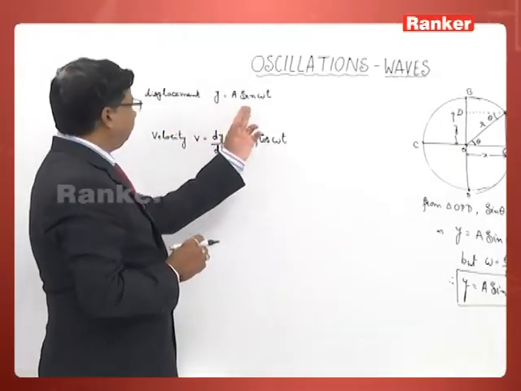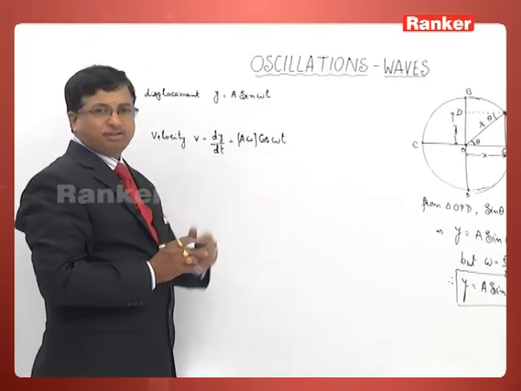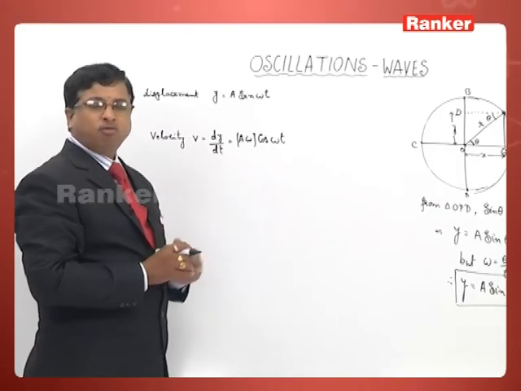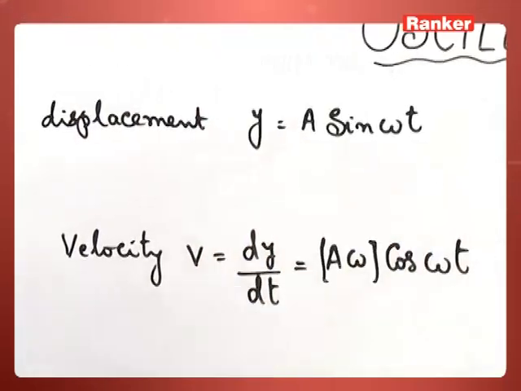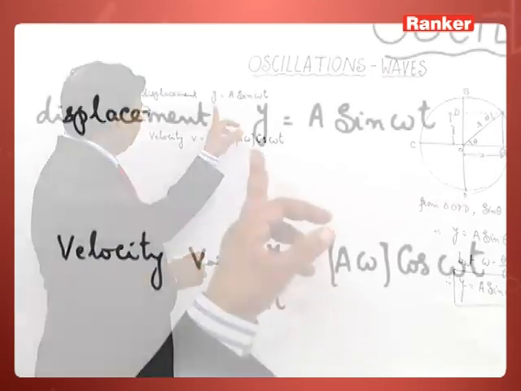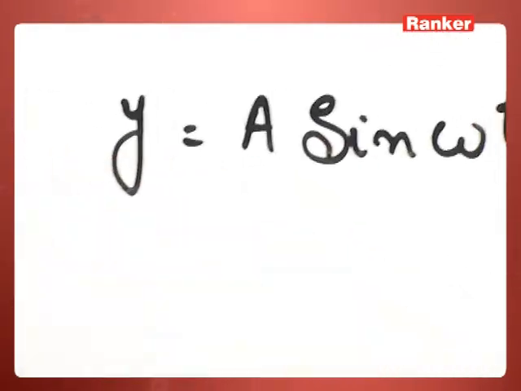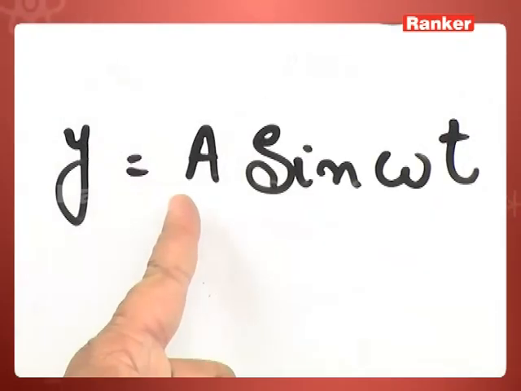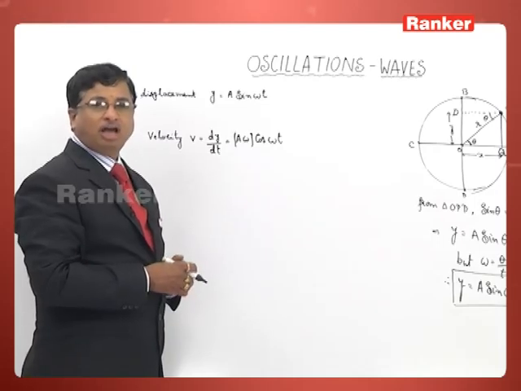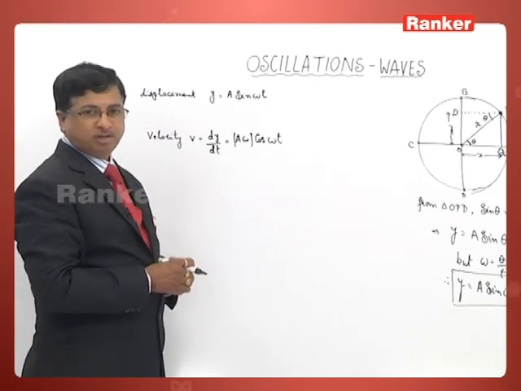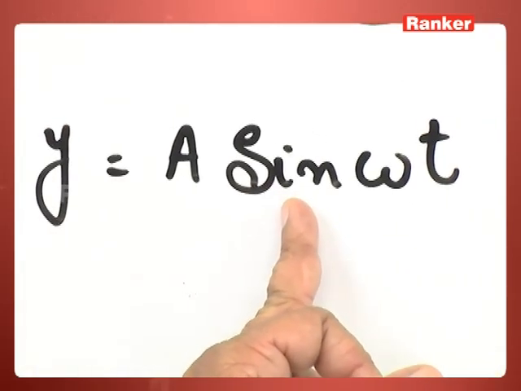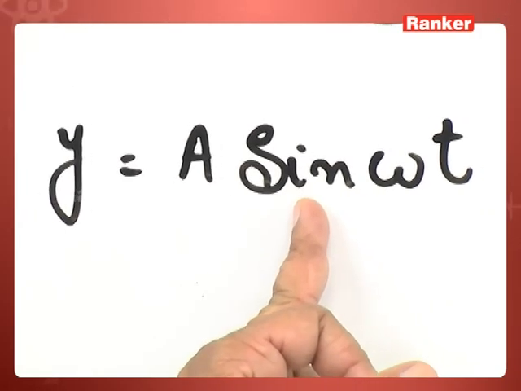But when you look at the basic format of an equation, particularly the simple harmonic wave equation, there is an orderliness in that equation. What is that orderliness? Look at the displacement equation we have written, y is equal to. First, before the function, whatever you are having, that is to be called the amplitude. After this amplitude, we will come across the function, maybe a sine function or a cos function.